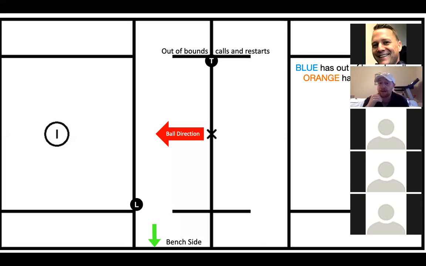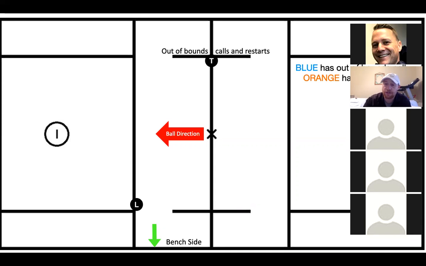Okay, now this is out of bounds. Same thing, but this is the two-man mechanic. Direction of play is still the same, but we now have a transition scenario. Who has the out of bounds call and who's going to have the restart? This is the two-man mechanic.